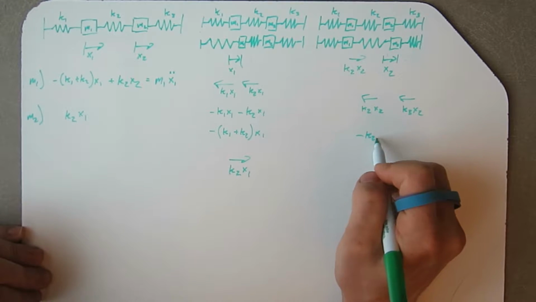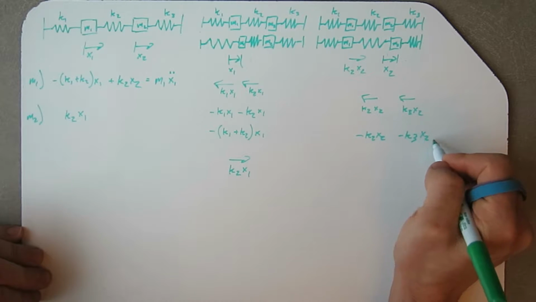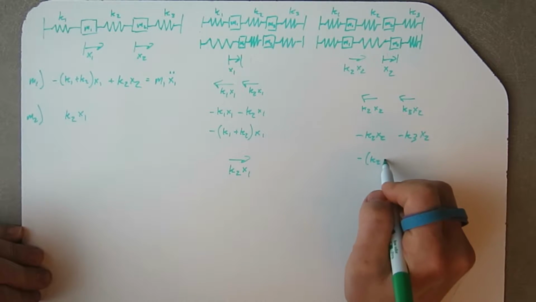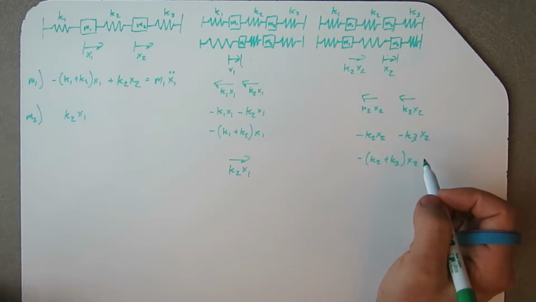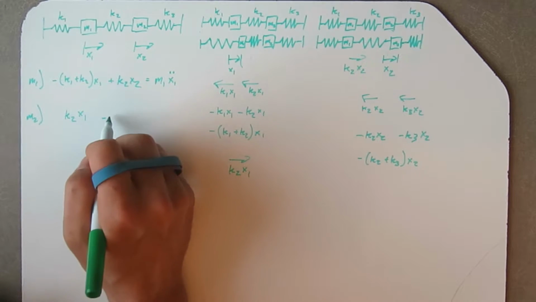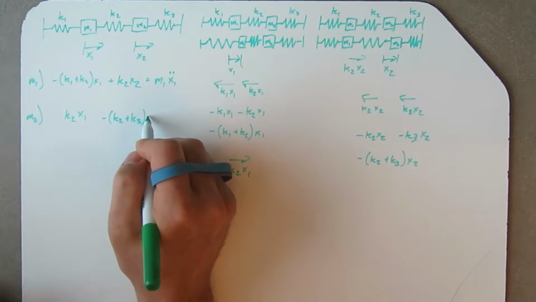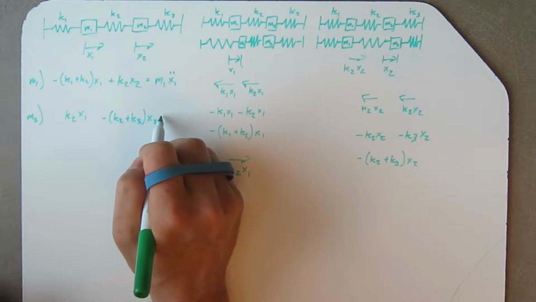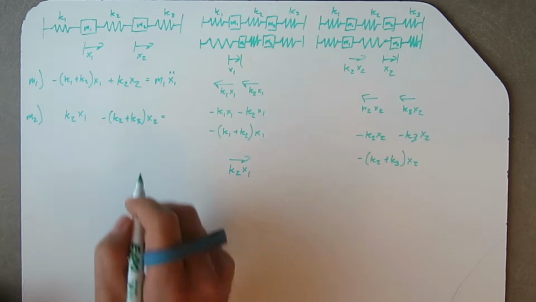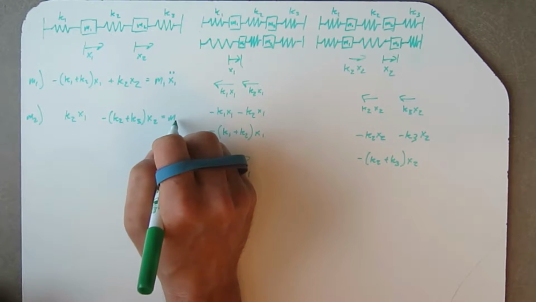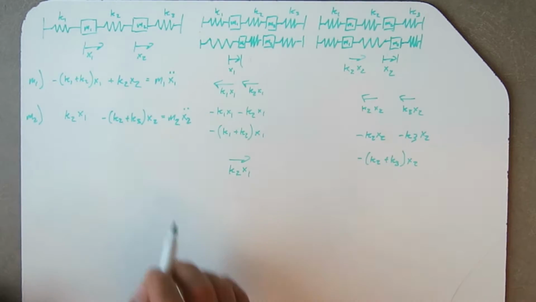So this is a minus K2 x2 and a minus K3 x2. So I'll write that as minus K2 plus K3 times x2. All right, and that will go in our differential equation, minus K2 plus K3 times x2. And then that summarizes all the forces that M2 can feel. And those, again, will equal M2 this time, times acceleration x2 double dot.